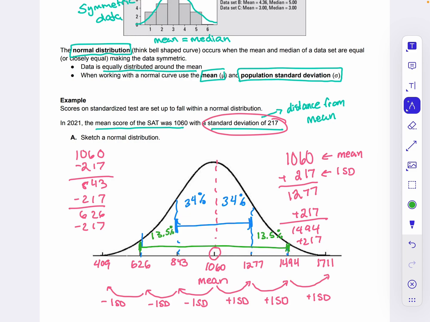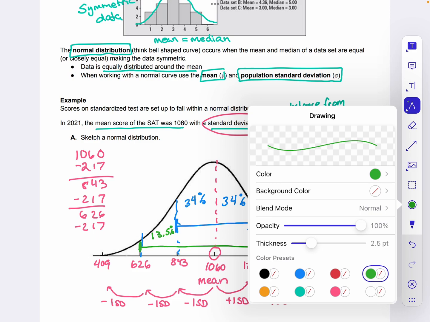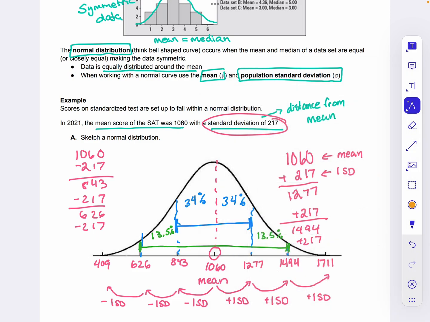And then technically everything above 2 standard deviations would be 2.5% on either side, but we can actually get a little more precise than that. And so I'm just going to fill in those numbers. So between the second and third standard deviation, that would actually be 2.35% of the data, and anything above would be 0.15%. And keep in mind, this isn't exact in every set of data in reality. It's an estimate. We're approximating data, but it gives you a really good general sense of what's going on.